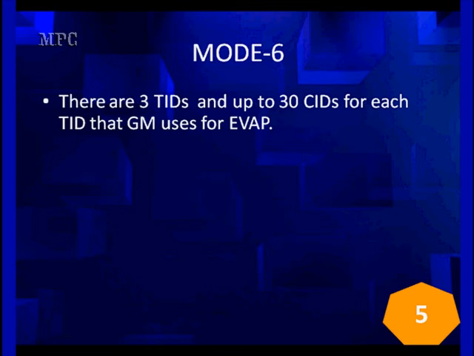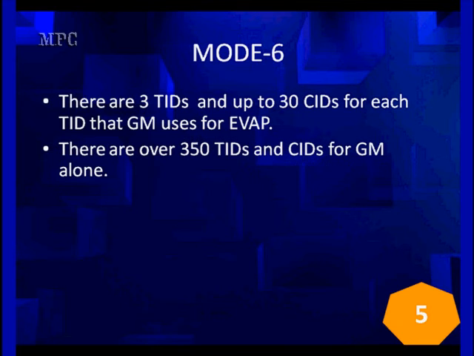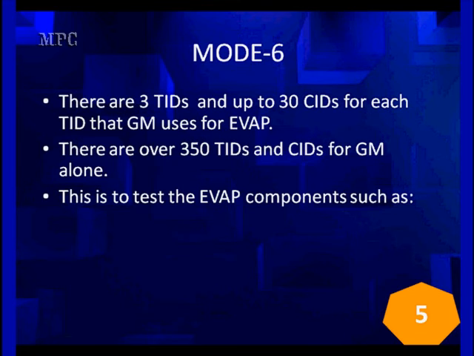And let's just take a look at Mode 6 for EVAP on GM. There are 3 different test IDs and up to 30 different SIDs for each one of these test IDs. There are over 350 TIDs and SIDs for GM alone. You've got a lot of years crammed into this thing. Now, what are we going to be testing for?